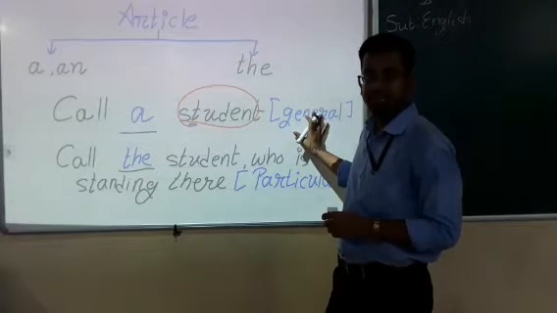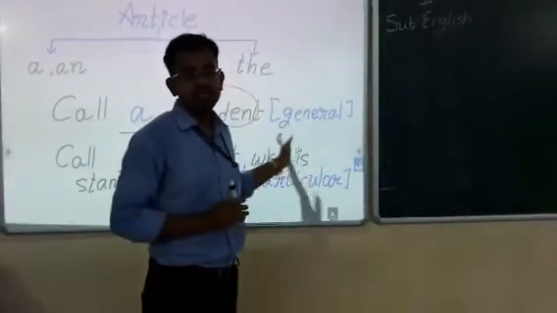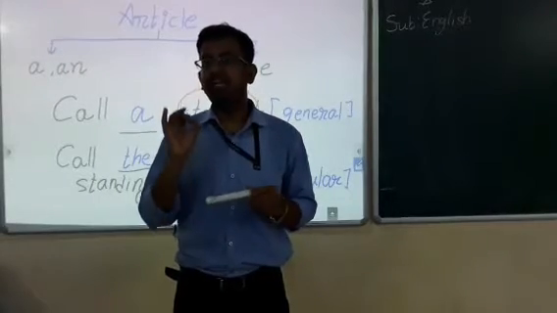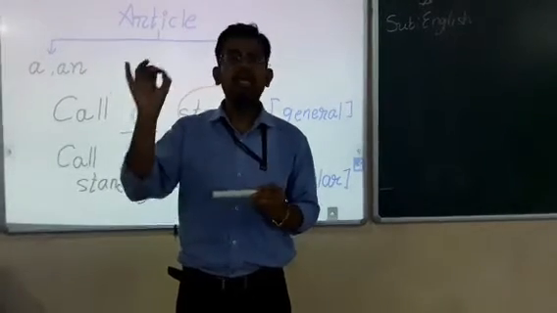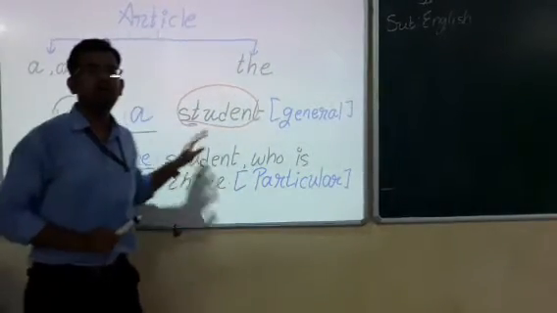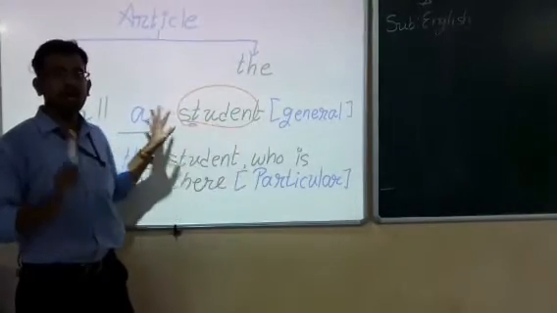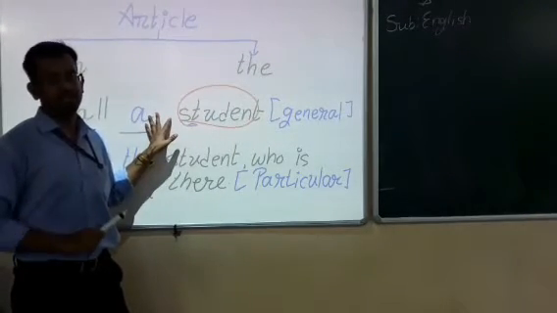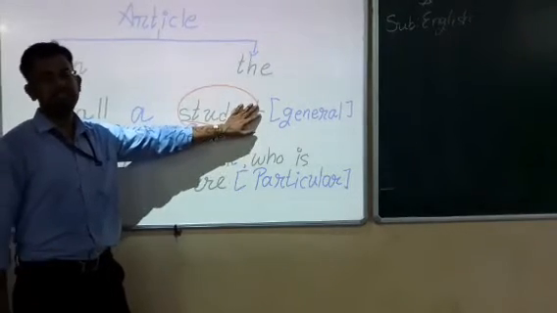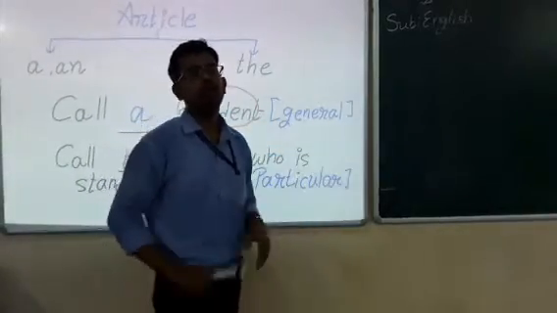It is not definite. It is not definite means in this sentence मैं किसी भी बच्चे को बुला सकता हूँ. मैंने ये डिफिनेट नहीं किया है कि इसी बच्चे को बुलाना है. So that is the reason in the first sentence with the noun student indefinite article a is used, because in the first sentence student is general.